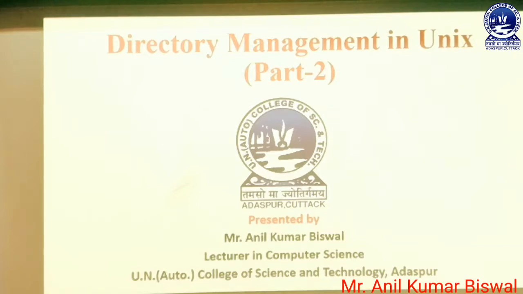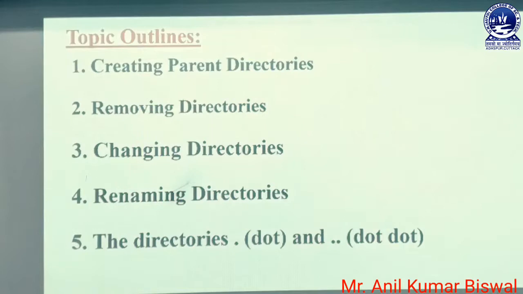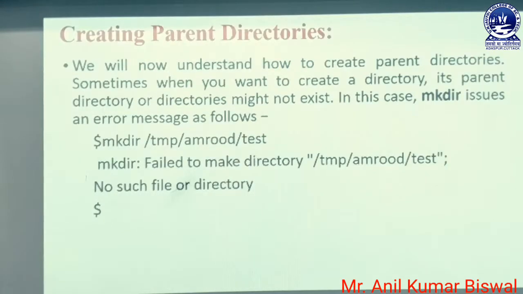Today we will discuss the different ways to create parent directories, then the different ways to remove directories, as well as changing and renaming directories which exist in our Unix system. Then we will learn how to use the dot and double dot symbols in the Unix operating system. First of all, we are learning how to create parent directories in our Unix system.